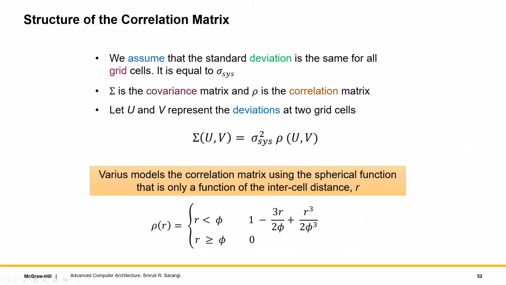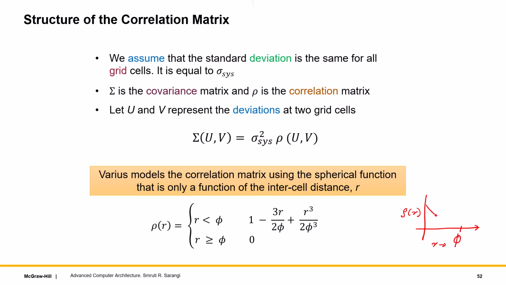So if you were to actually plot this function, the way that this function would look like is very interesting. If this is the x-axis and this is the value phi, right? And of course, r is varying this way, and this is rho r.